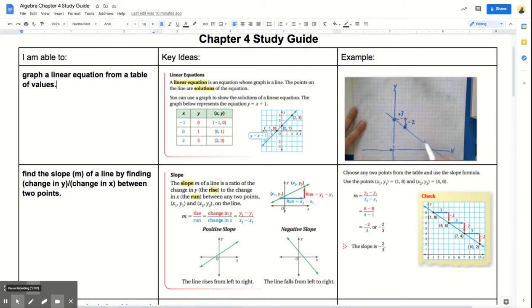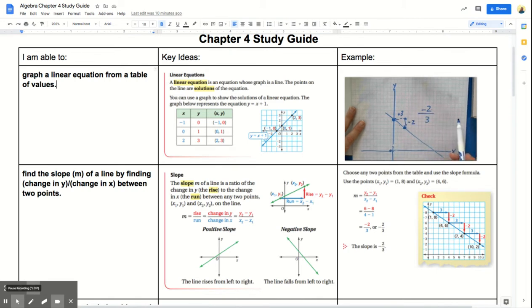You'll notice this line does have a negative slope. So remember, it's rise, the up and down part, over run. We're going down 2, so we're going to put -2 over 3. This is our rise, but we're actually falling, so it's going to be a negative, and then we're moving in the positive direction, 3. So our slope would be -2/3.